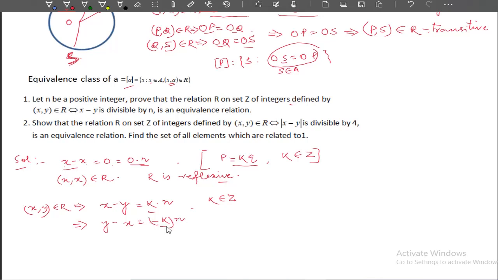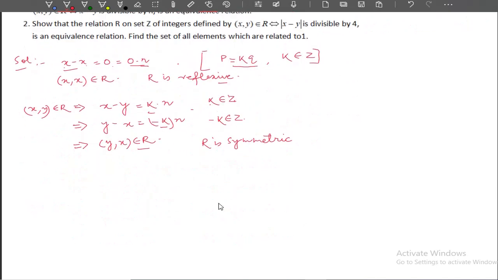Now what is minus k? k belongs to Z, so minus k belongs to Z. That means y and x are related. This shows R is symmetric.